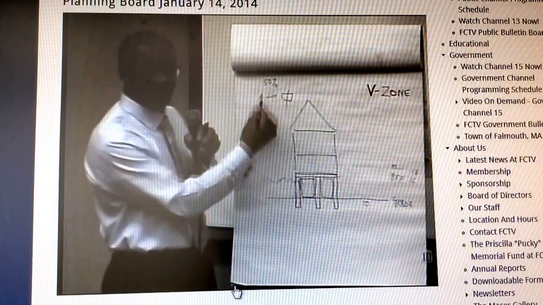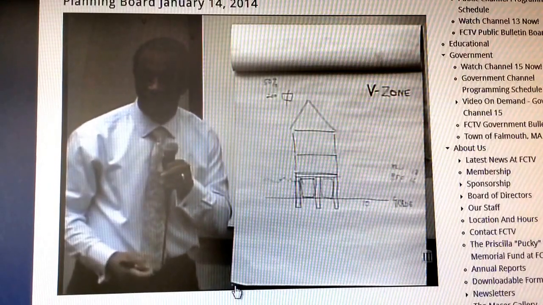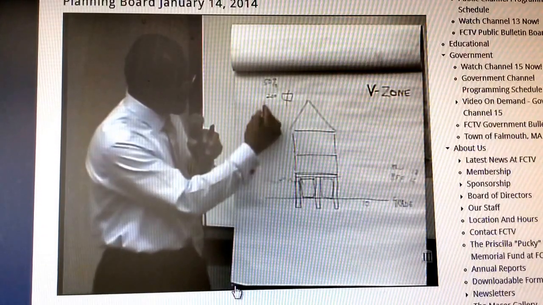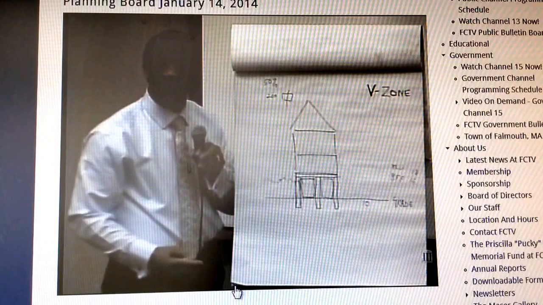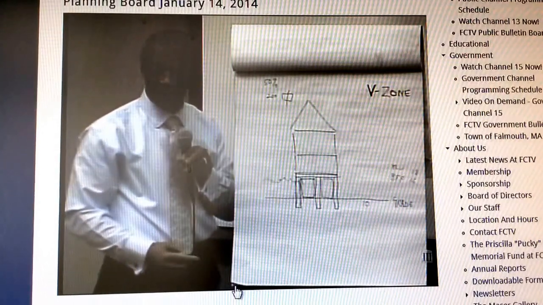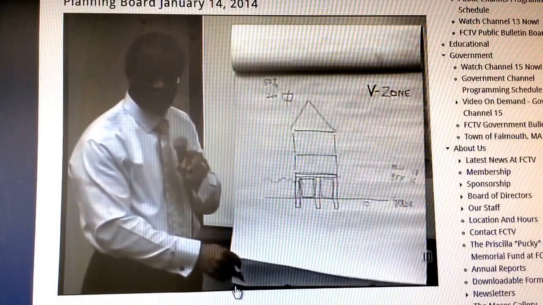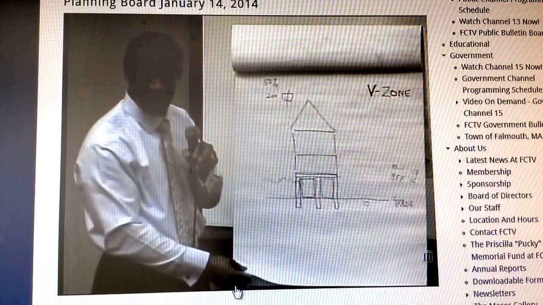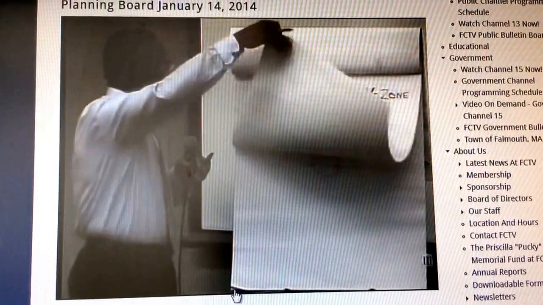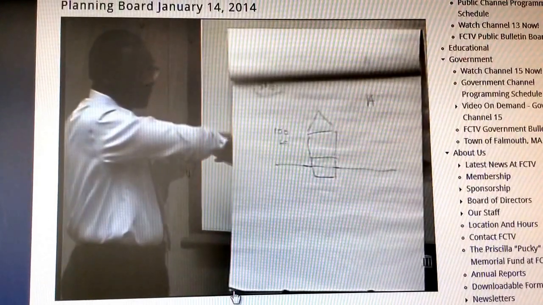It's the same as if you did more than 50%. And in that case, you would have to bring it into compliance in the velocity zone. So that's only in the velocity zone, that 200 square feet. But in an A zone, it is the 50%.